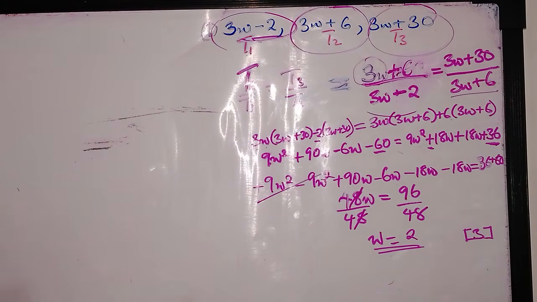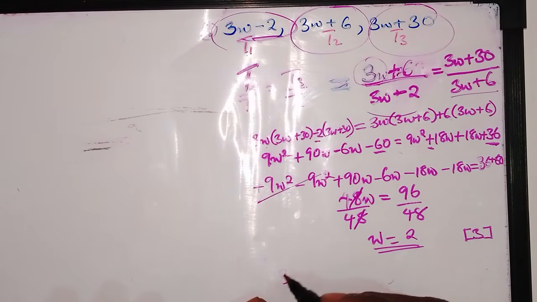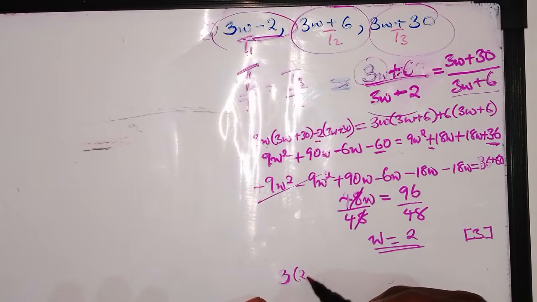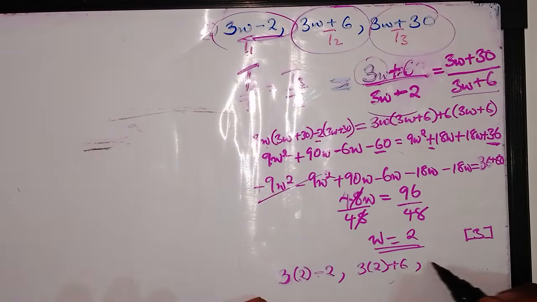Since we know the value of W, our first term therefore is 3 multiplied by 2 minus 2, comma, 3 multiplied by 2 plus 6, comma, 3W plus 30.